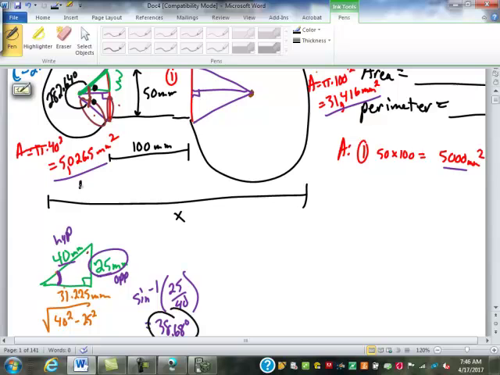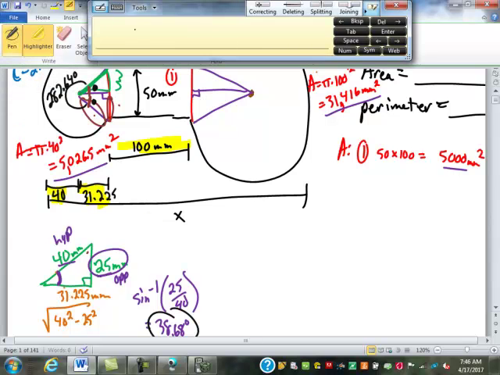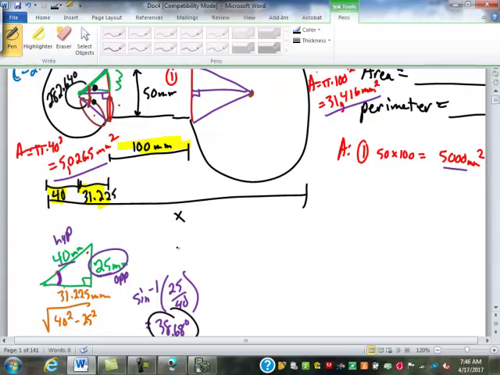We do, however, want this distance here, which was the 31.225. What's this distance out here? 40, my radius. So I have those pieces, those are leading us up to find x. On the other side, if I do the same thing, I should have everything I need to find x. I get this piece and this piece.